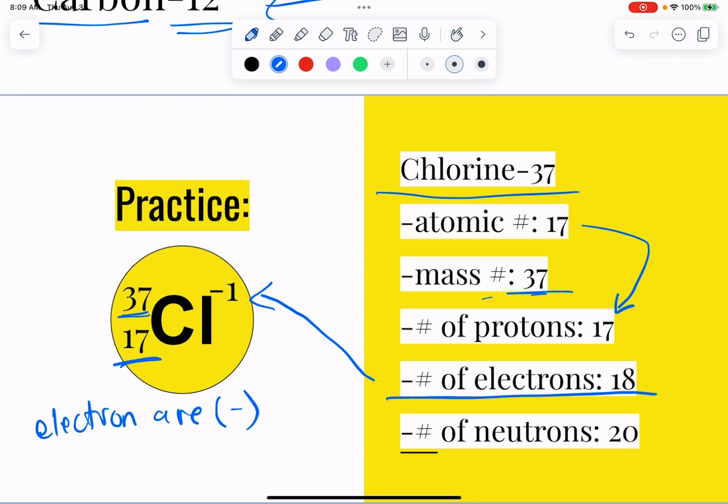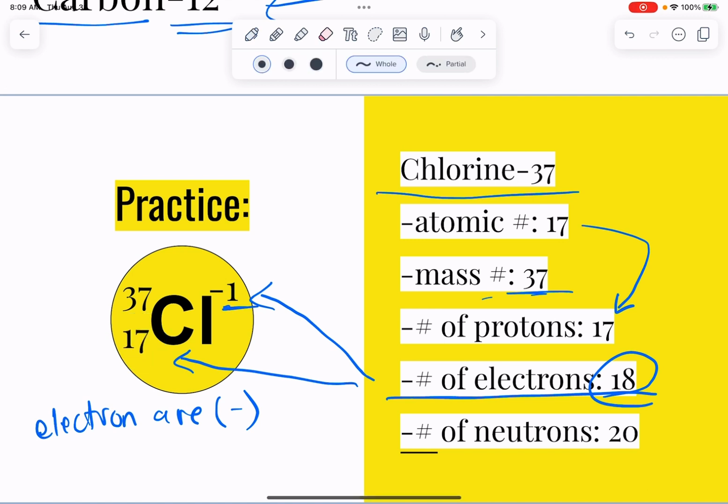So if it has an extra negative charge, it has an extra electron. And I say to myself, well, how many electrons did it have to start? Well, every atom in its neutral form has equal numbers of protons and electrons. So this chlorine is element 17. It has 17 protons, and in its neutral state it has 17 electrons. So if it now has a -1 charge, it has an extra electron, then it has 18 electrons.